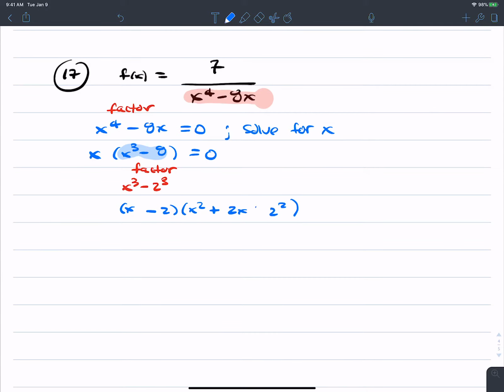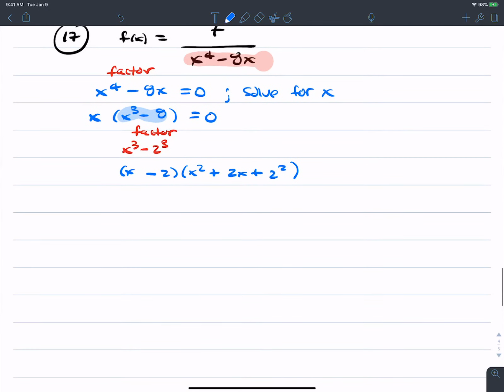Difference, plus, and plus. So we use the difference of perfect cubes formula. Let's remember that 2 squared here is going to be the value 4. So altogether, we have x minus 2, x squared plus 2x plus 4, and that equals 0 here.